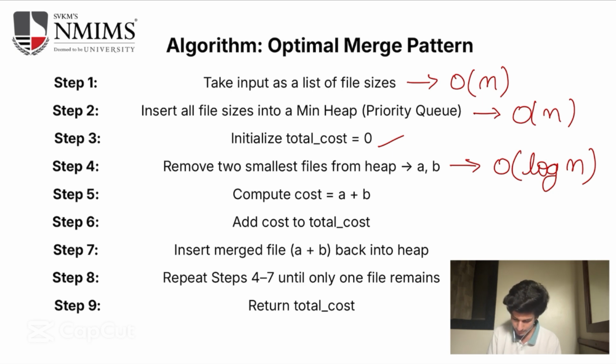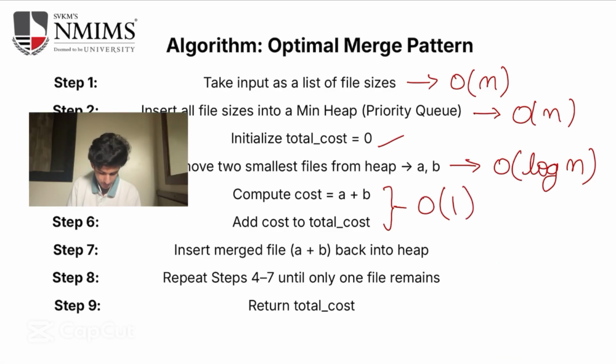Now from both these you will get order of 1. Moving to step 7, we insert the merged file A plus B back into the heap. Now from the 7th step we'll get time complexity as order of log n.